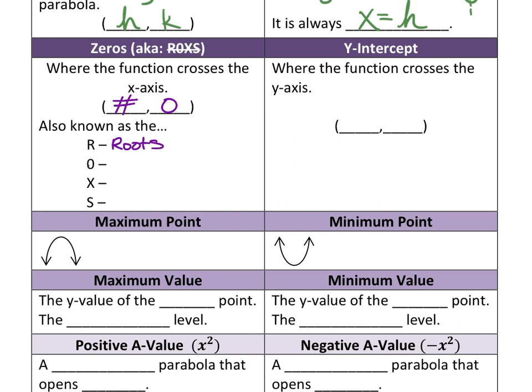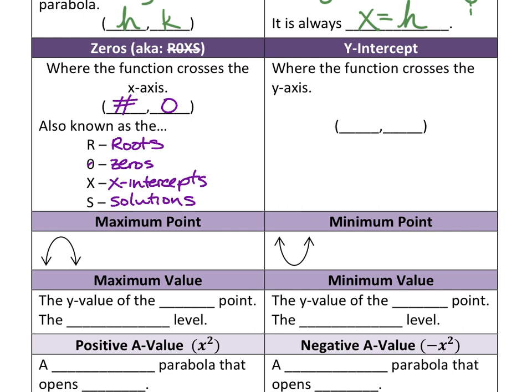ROX stands for roots, zeros, because, you know, an O is like a zero, the x-intercept, and the solution. Those are my ROX words, and that is going to be what I'm asking you for when I ask you for the zeros. I'm going to say zeros, but if you want to think x-intercepts, that's totally fine. If I ask you for the solutions and you want to think x-intercepts, that's totally fine. All of it is where the graph crosses the x-axis.